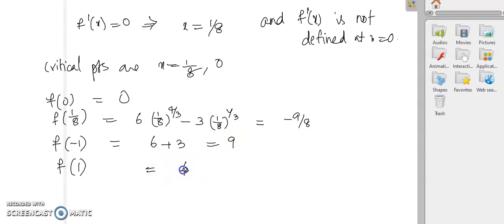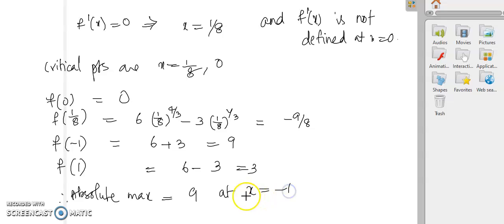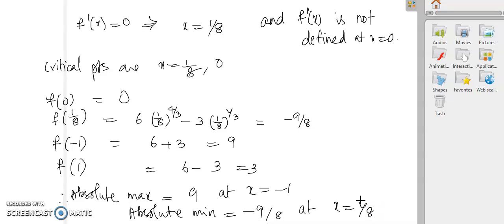And f(1) will be 6 − 3, so that will be equal to 3. Therefore the absolute maximum is 9, which occurs at x = −1, and the absolute minimum is −9/8 at x = 1/8.